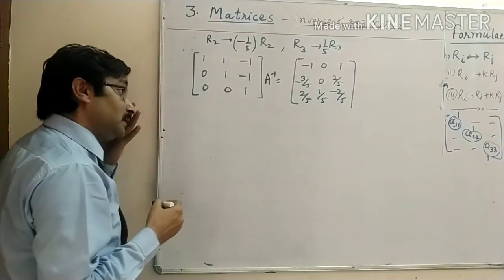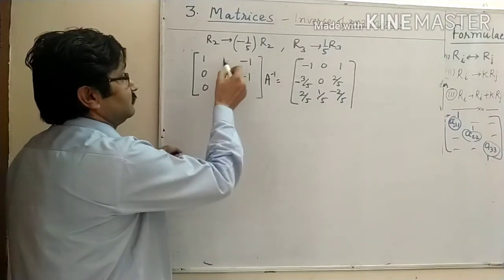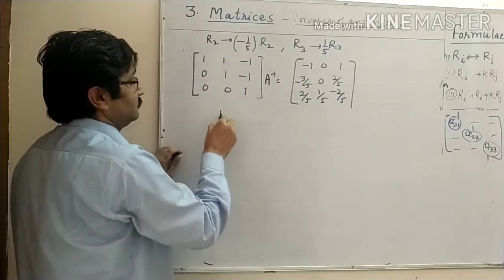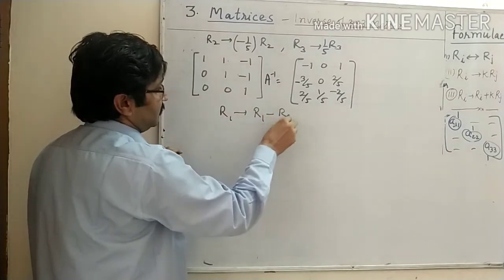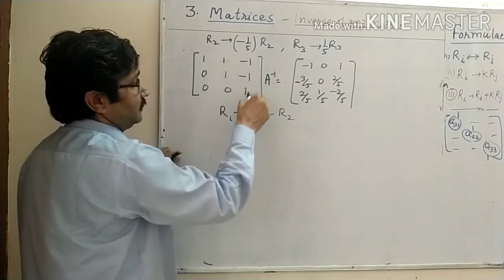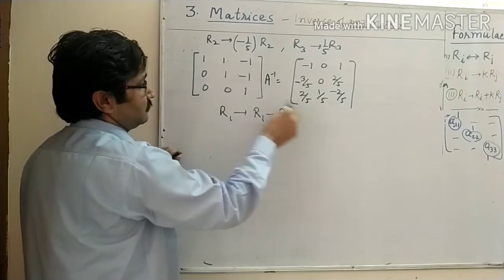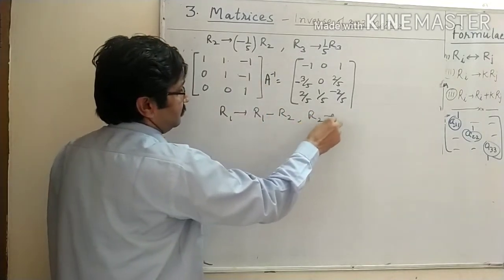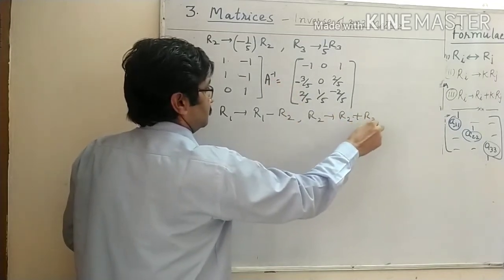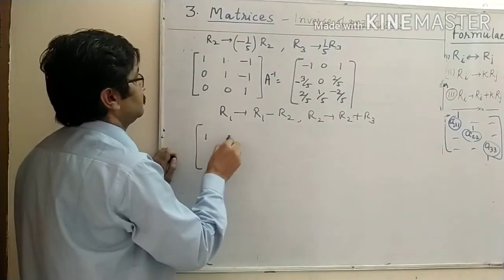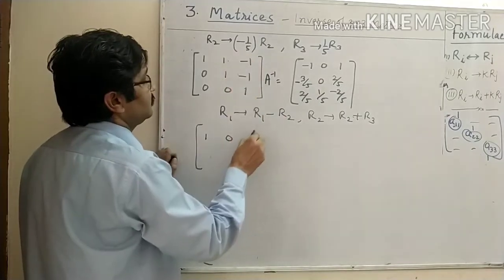Look here, we want 0, so from the first row you subtract the second row, so you will get 0 here. Look here also you want 0, so the second row you can write second row plus third row, and this will also be 0.